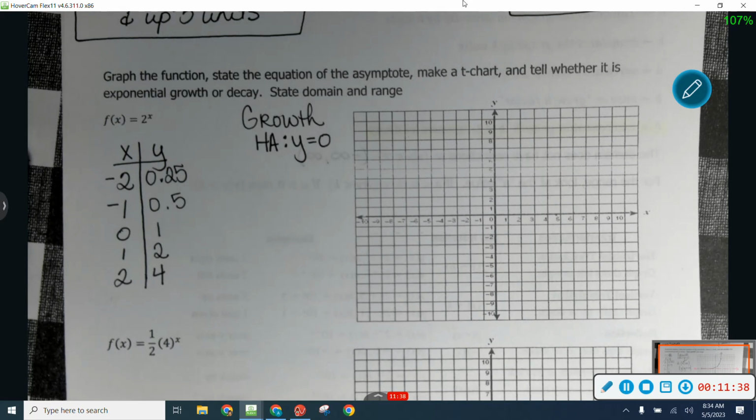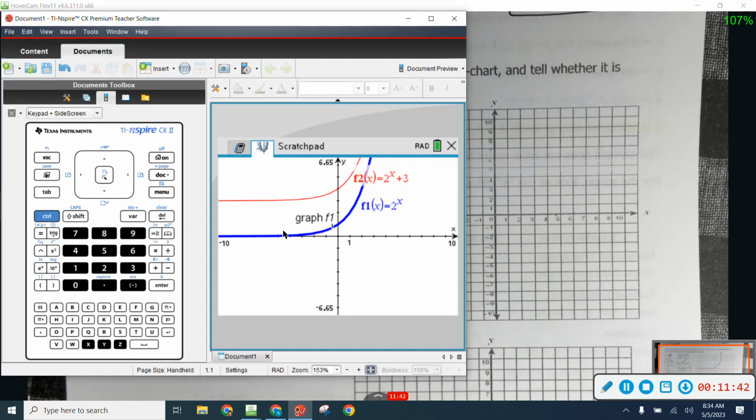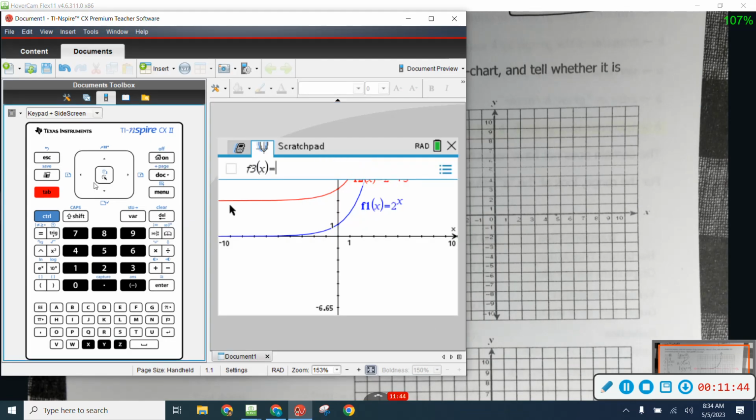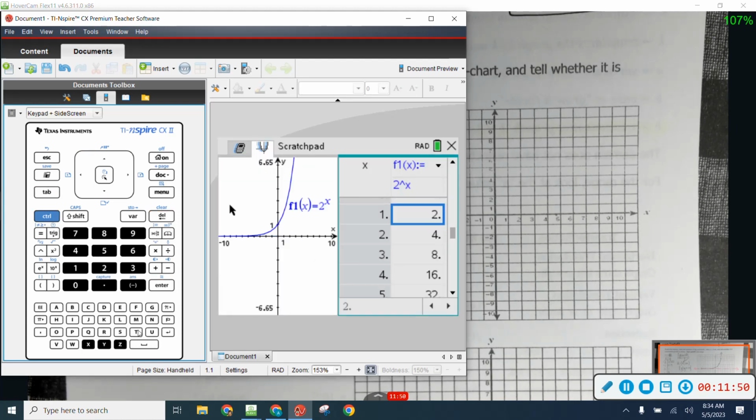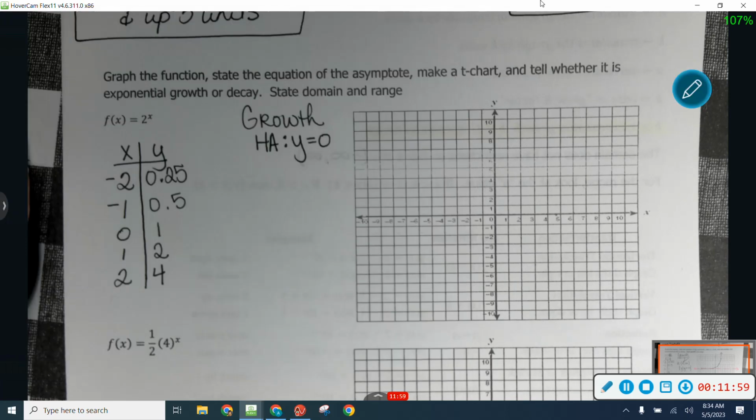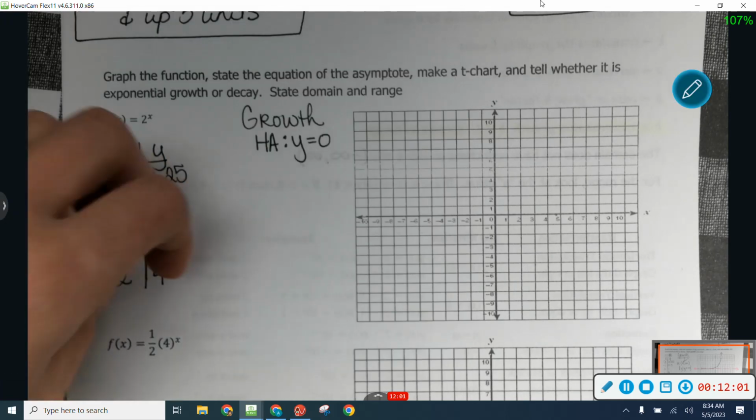But if you have access to the graphing calculator, all you have to do is type it in your calculator, Control-T, and copy down the points. I don't care which one you do. Just make sure you do one of them. But that's going to be for the parent function.